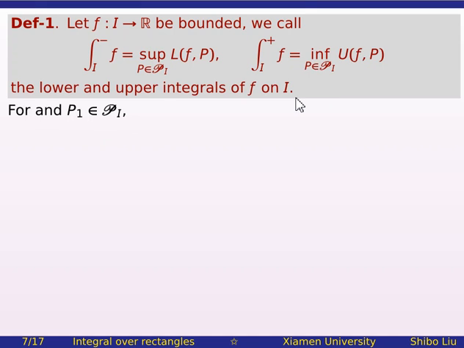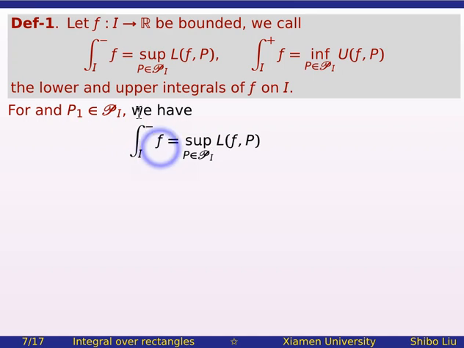Now, for a partition P1 of the rectangle I, we have this result. This is the definition of the lower integral. And given any P1, this supremum will not be greater than the upper sum with respect to P1.